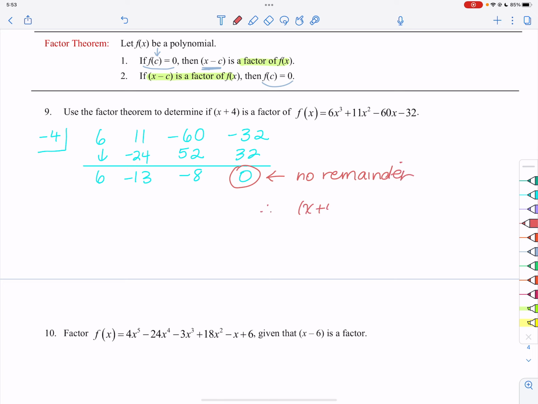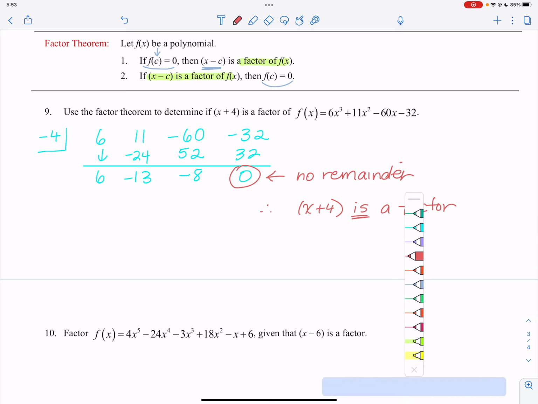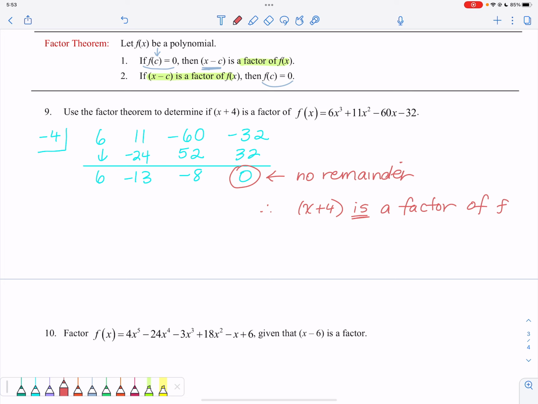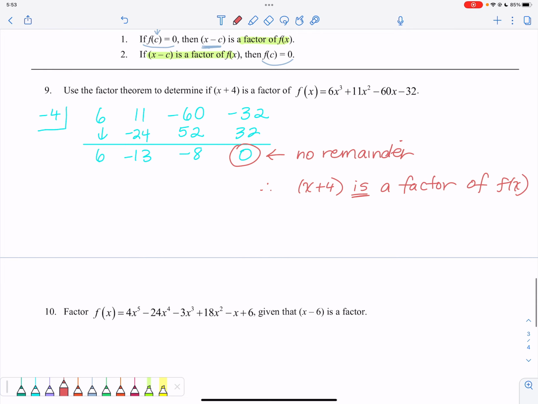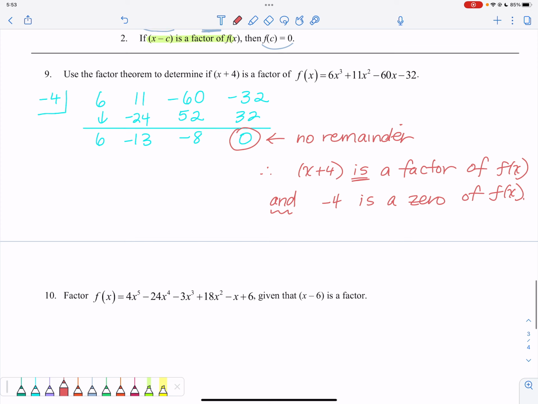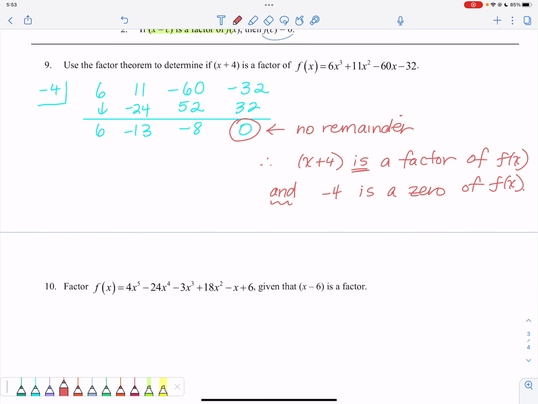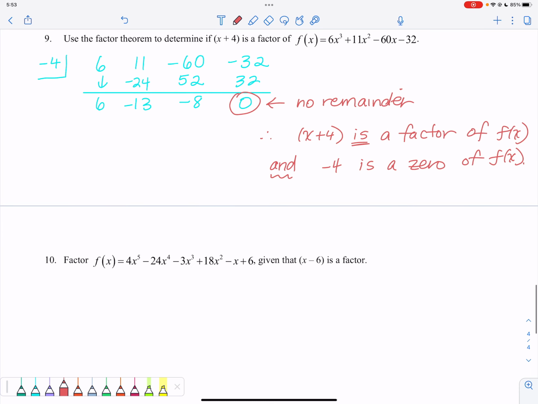Therefore, x plus 4 is a factor of f of x. And what else? Negative 4 is a 0 of f of x. So that's really important. Okay, let's go ahead and step this up one more notch.